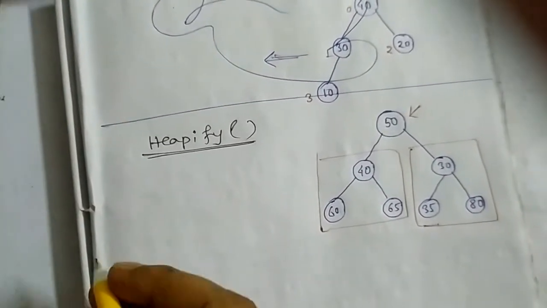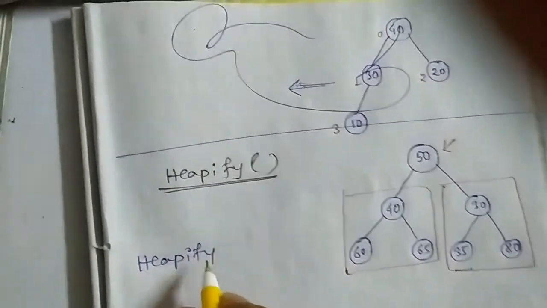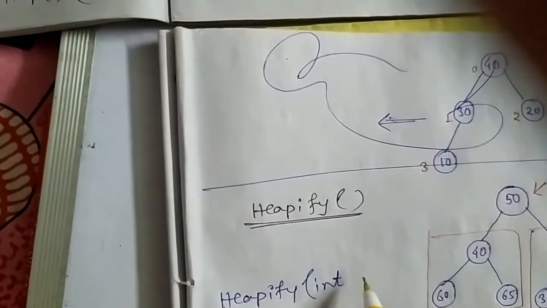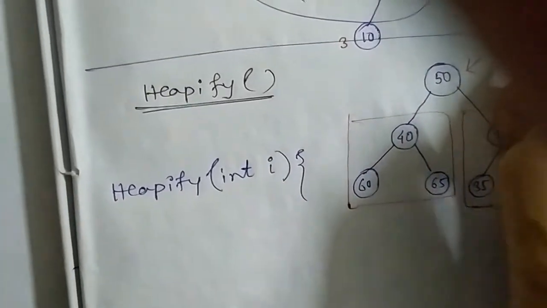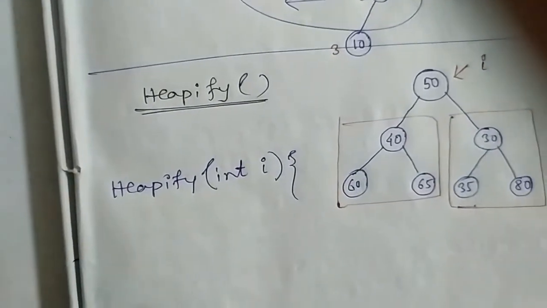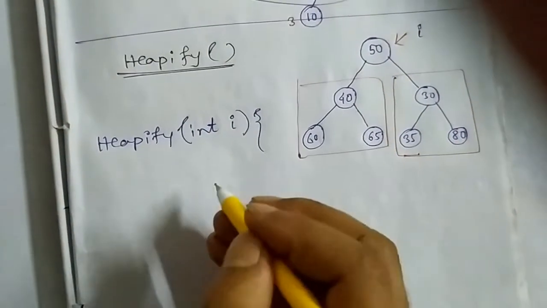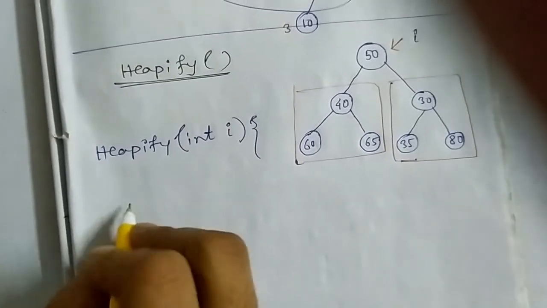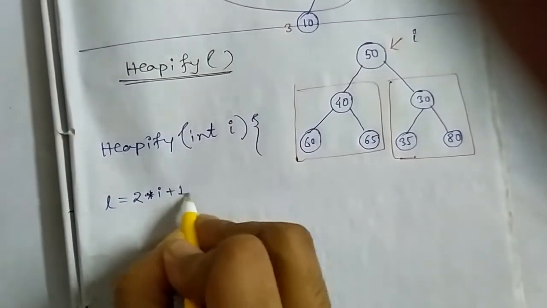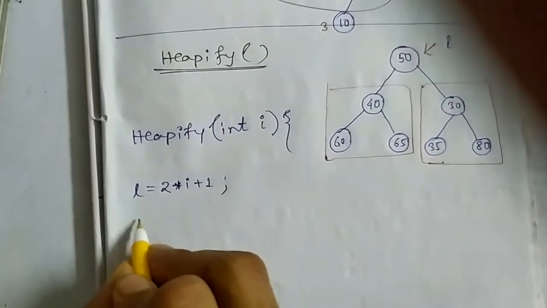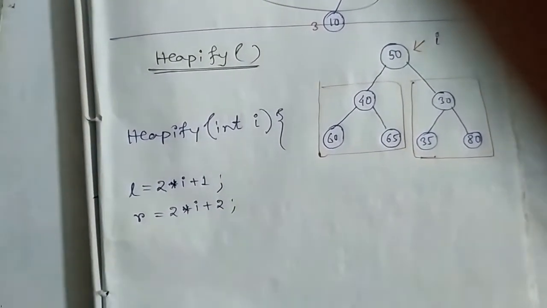So how can we call this heapify function? I am writing the function where I want to call heapify at index i. That means this will be my index i. If this index is i, that means the parent index is i, then the index of its left child will be 2 into i plus 1, and the index of its right child will be r equal to 2 into i plus 2.